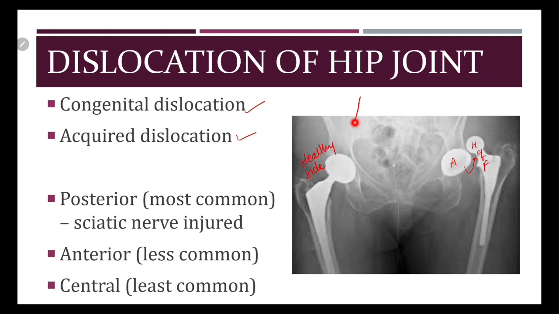Now this causes the shortening and medial rotation of the affected limb. Now dislocation of the hip may be posterior, anterior or central. Posterior is most common, anterior is less common and central is least. And in posterior dislocation, the sciatic nerve is injured.